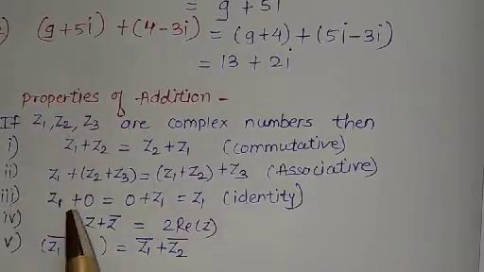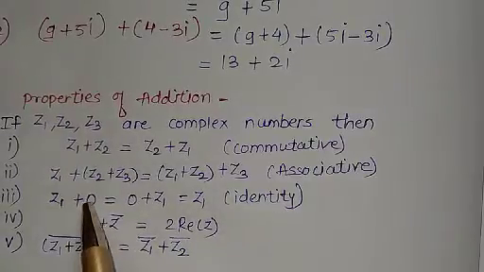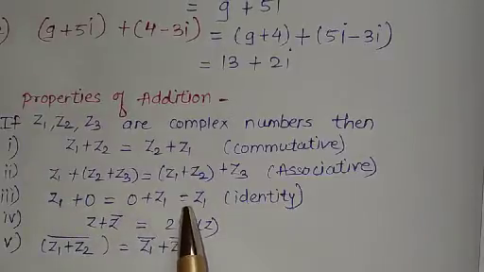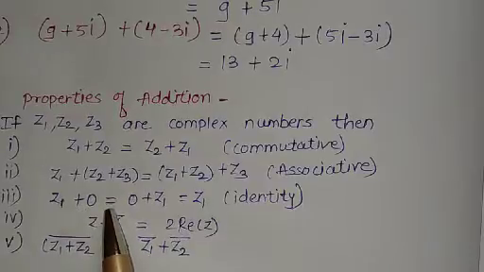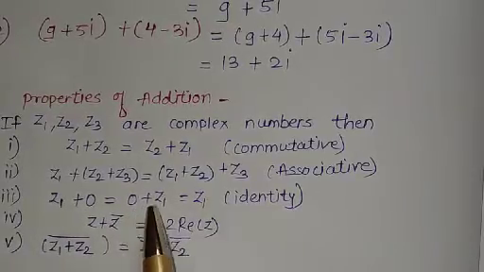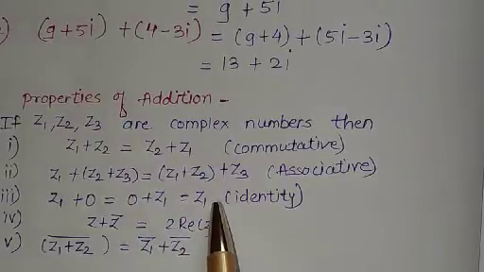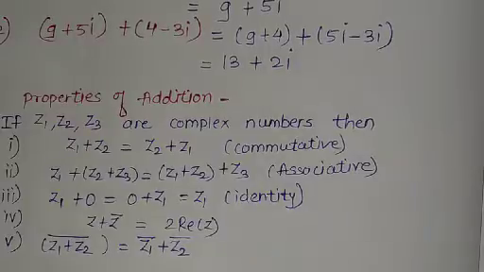Next property is, if we add 0 to any complex number, we'll get that complex number simply. So here Z1 plus 0 is equal to 0 plus Z1 is equal to Z1. This is nothing but identity property.